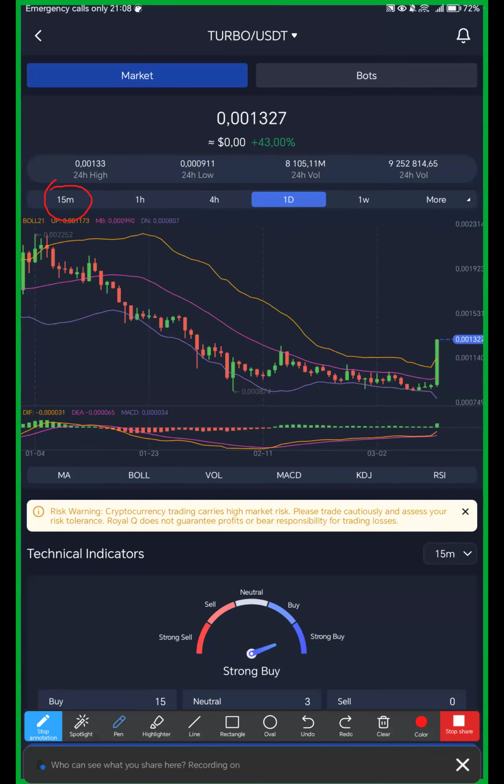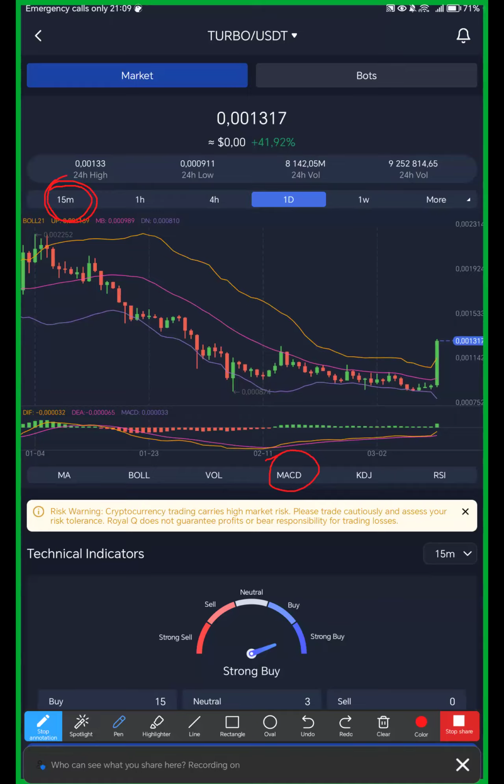If we employ MACD for the robot to pick a trade, it will look for the crossovers that are happening in the 15 minutes time frame. That is according to Royal Q. Royal Q will be looking for a MACD crossover. In this scenario, we are going to talk about a golden cross because we are in the spot market.